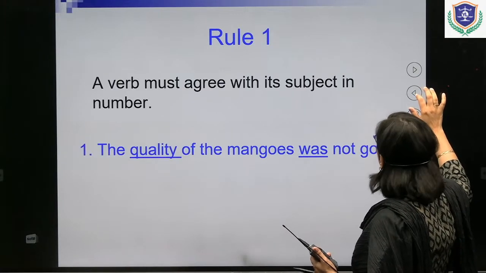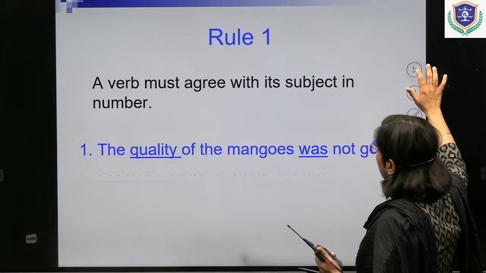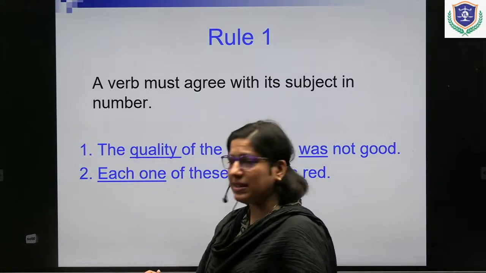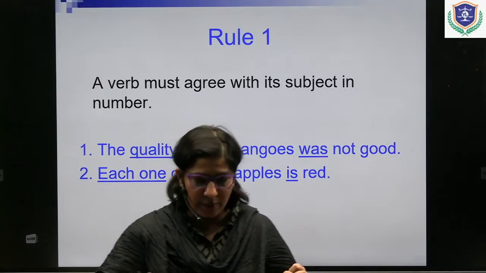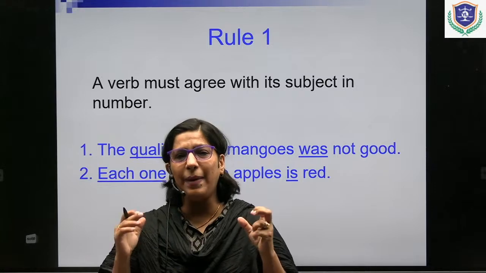So that is another book which you can use for practice. I am beginning with concord. Now what is concord? Concord is subject verb agreement. And when we are talking about subject verb agreement, yesterday also I was telling you this is the backbone of English.